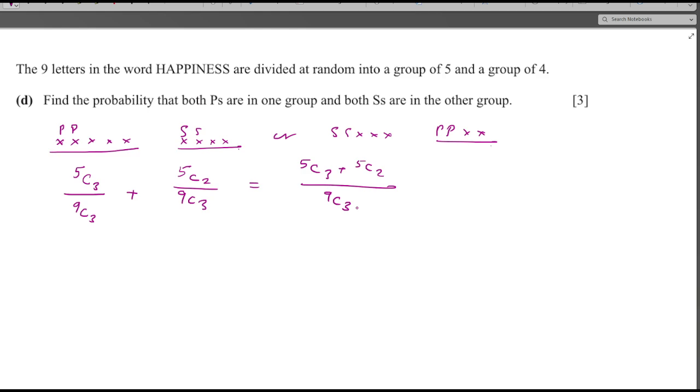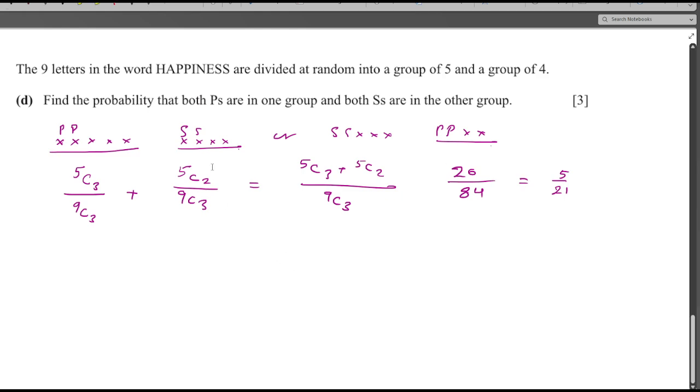So 10 plus 10, it's 20. 20 divided by 9c3 is 84. So 20 divided by 84, it is 5 divided by 21. So 5 divided by 21 is your probability that your 2p will be either in the group of 5 or 2p will be in the group of 4.